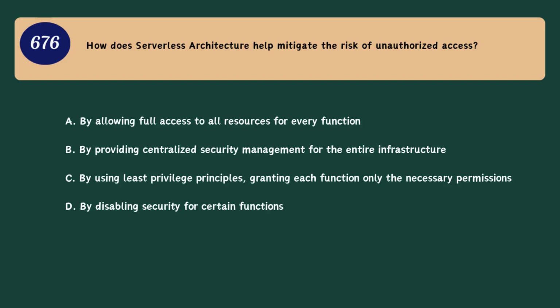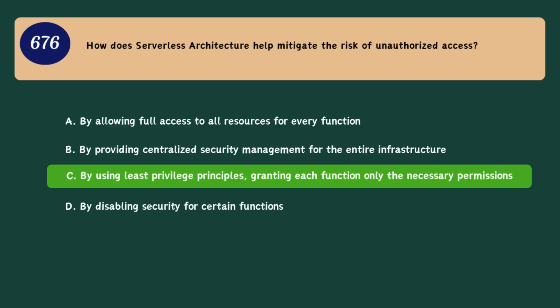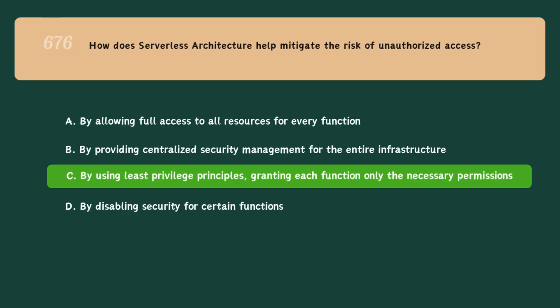C. By using least privilege principles, granting each function only the necessary permissions. D. By disabling security for certain functions. Correct answer. C. By using least privilege principles, granting each function only the necessary permissions.